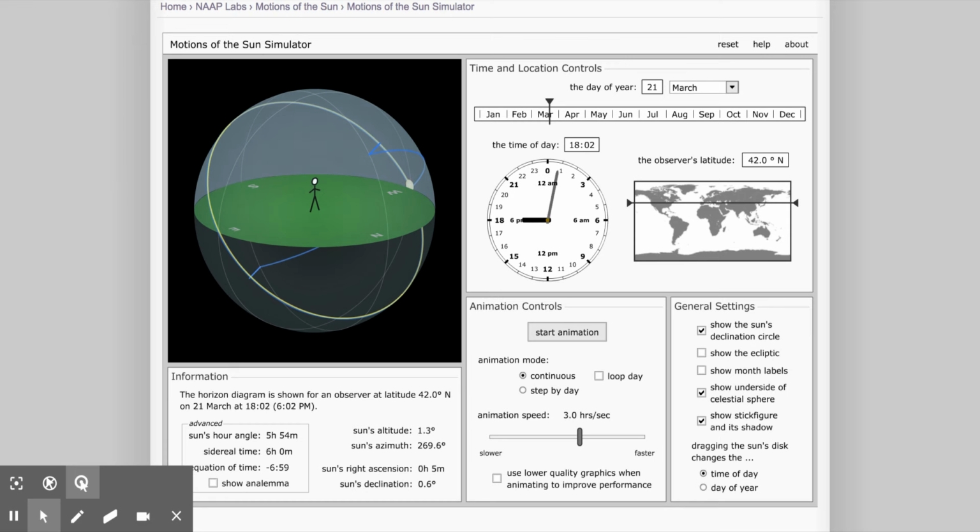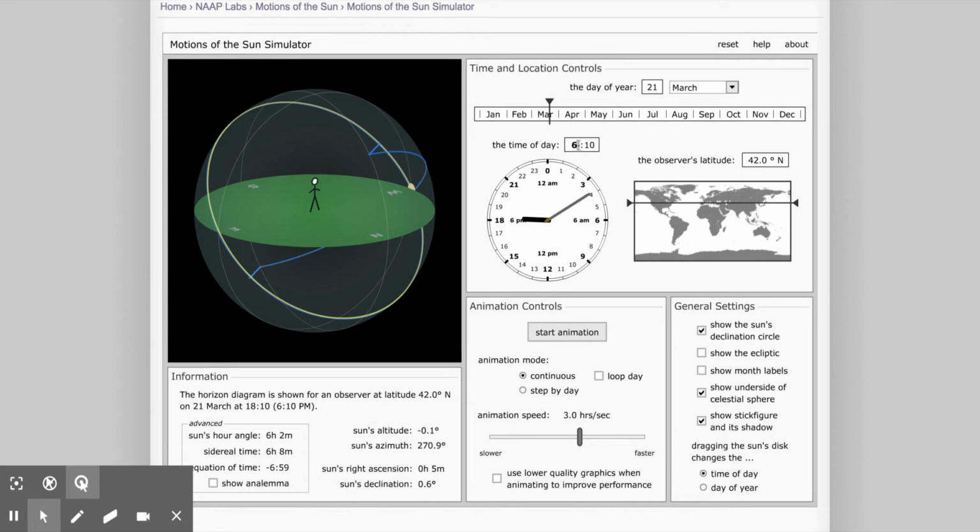As soon as that screen goes dark, it is officially nighttime. That was about 12 hours apart, and again, that is for March 21st, the vernal equinox, when the sun is going to rise and set.